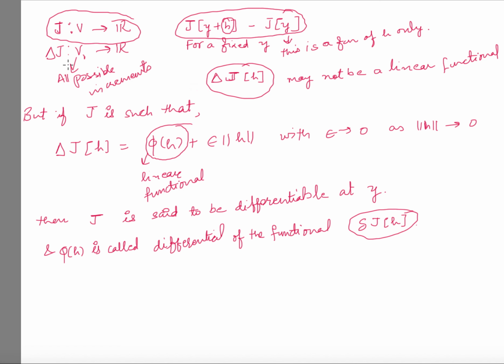So del j is a functional from some space V1 to R, which may not be a linear functional. But if my original functional j is such that I can write this del j like this, phi of h plus epsilon times norm of h, where epsilon goes to 0 as norm of h goes to 0, and this phi is a linear functional, then we say that j is differentiable at this fixed y, and this phi of h is called the differential of the functional and denoted by del j h.